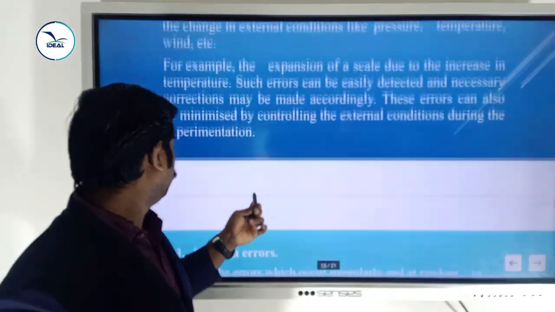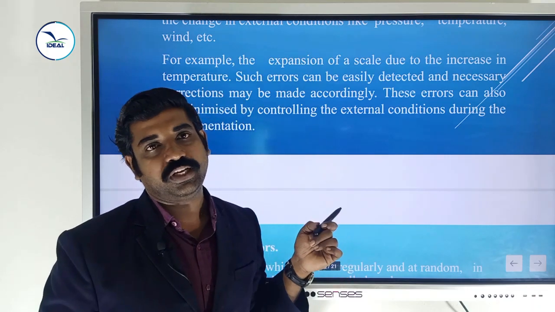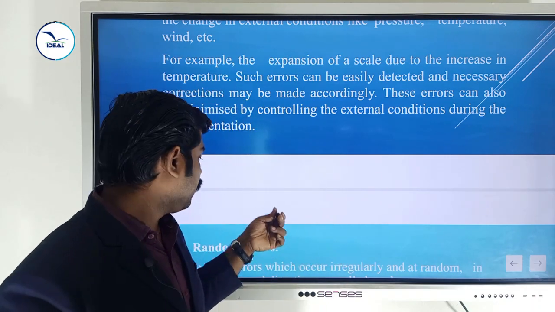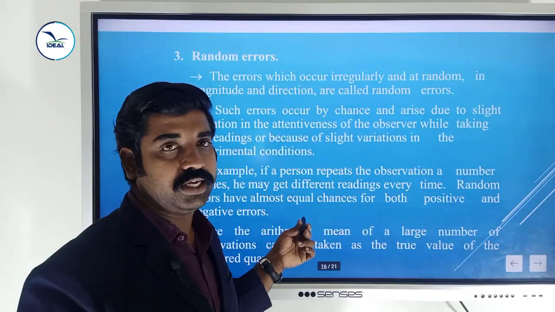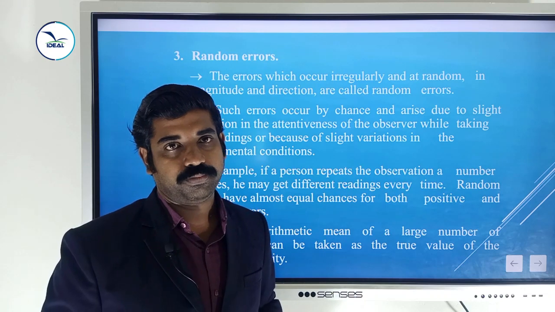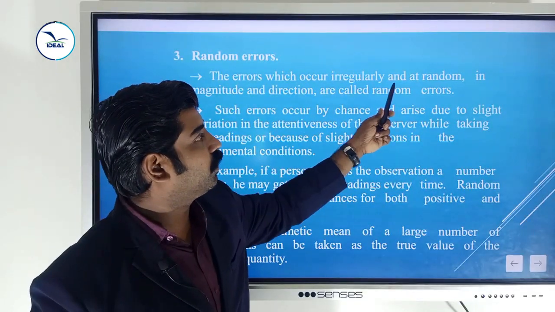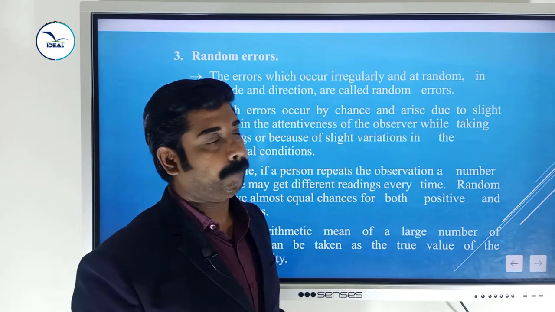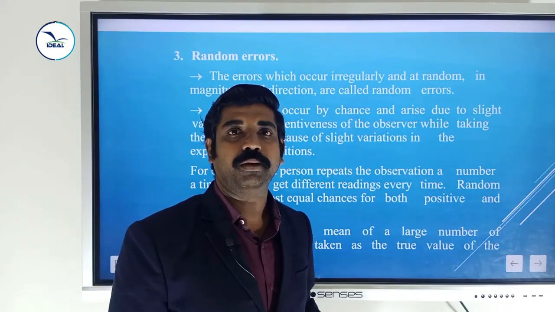Okay. So these are the three errors in the case of systematic errors. And the next one, random errors. As the name itself says, this error occurs irregularly and randomly. That's why it is called random error. The errors which occur irregularly and at random in magnitude and direction are called random errors.